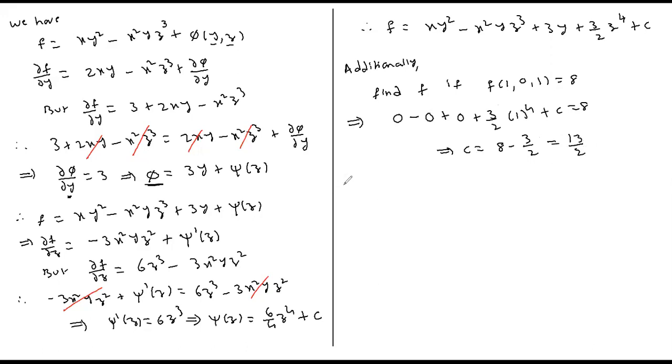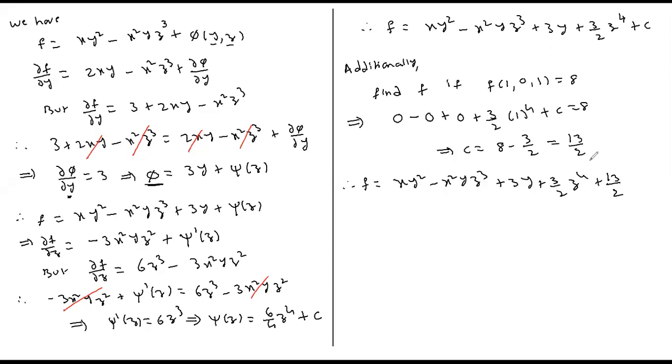Therefore the function is xy squared minus x squared y z cubed plus 3y plus 3 by 2 z power 4 plus 13 by 2. Is this clear?